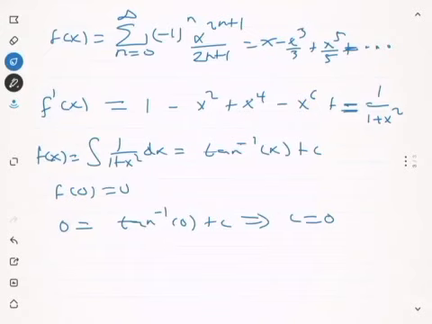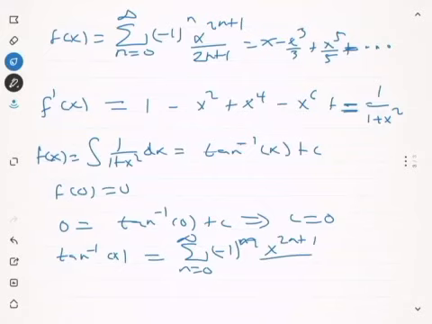Alright, this basically gives you the tangent inverse of x. I mean that series converges to the tangent inverse function. So the sum of x to the 2n plus 1 divided by 2n plus 1 is equal to that.